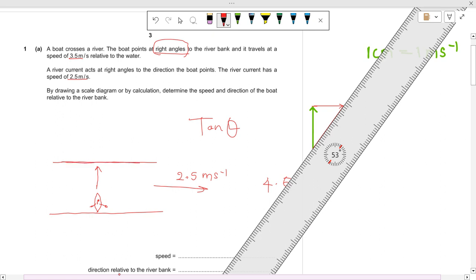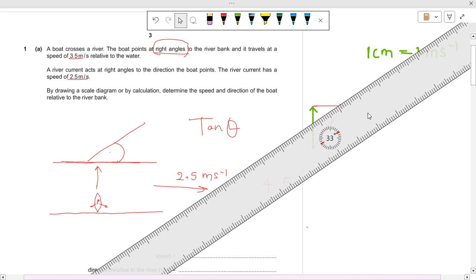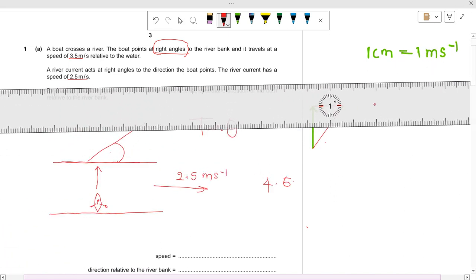How many degrees from the horizontal? You can see about 53 degrees, it might be 54 or 56.